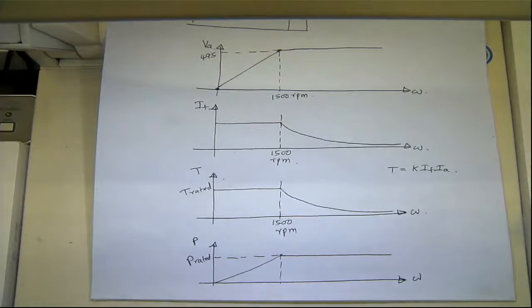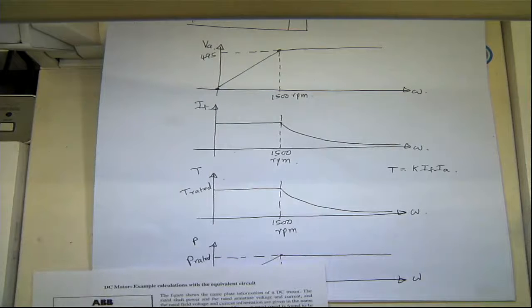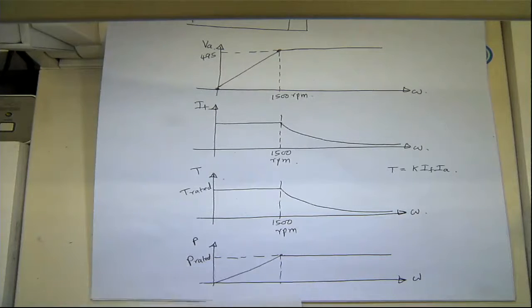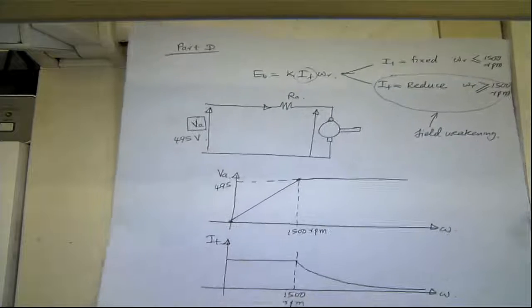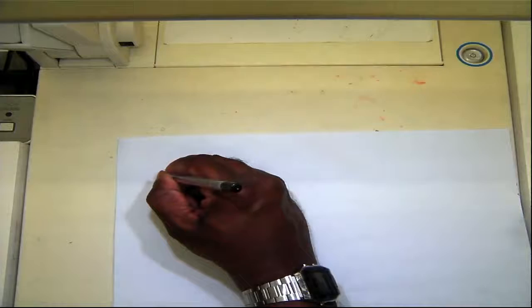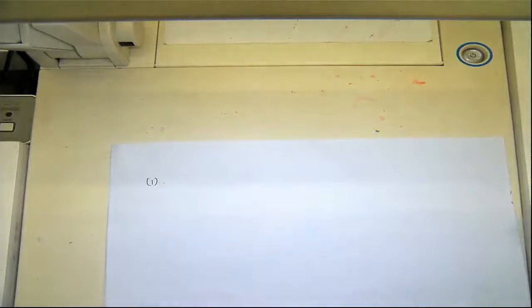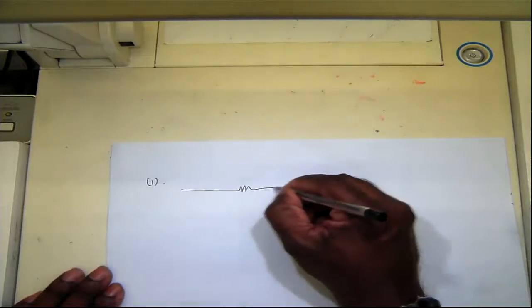So part D, the first question is to calculate, if you were not applying field weakening and the field circuit is fed at the rated conditions, how much voltage you'll need to run it to that speed under no load conditions. So part D1: you are not weakening the field.